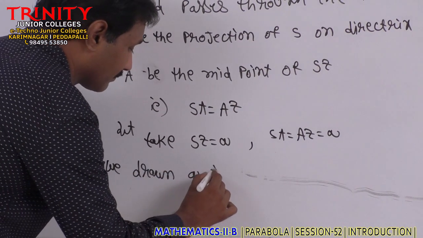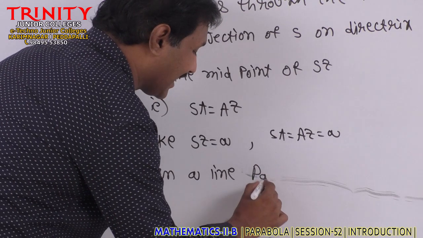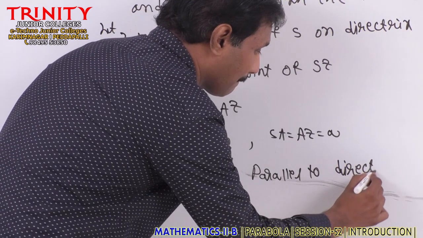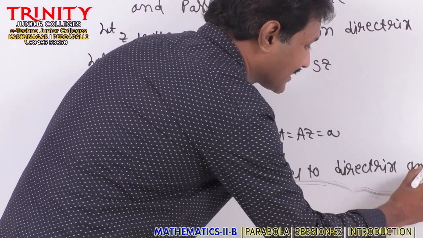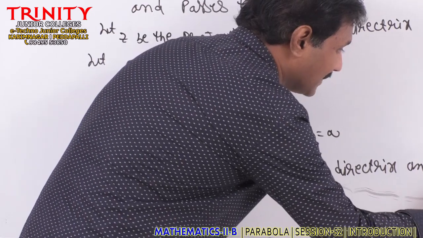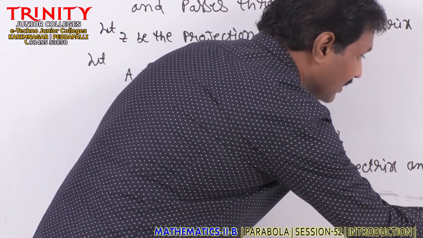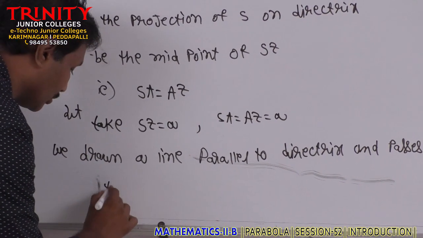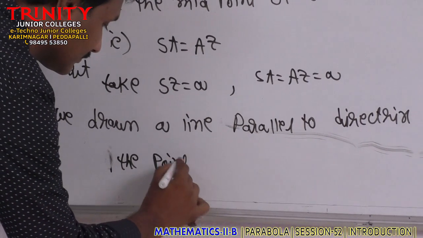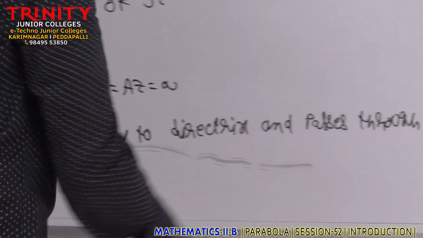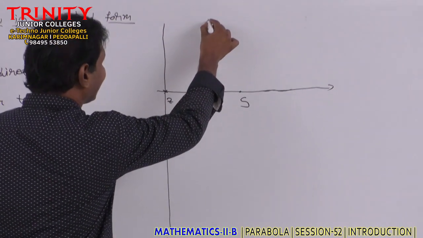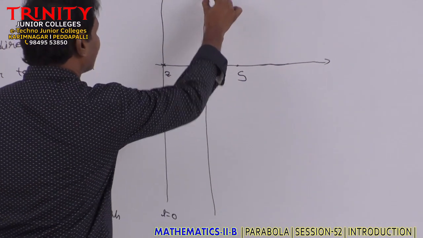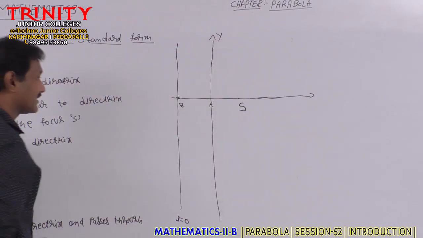parallel to the directrix and passing through the point A. This is named AY.